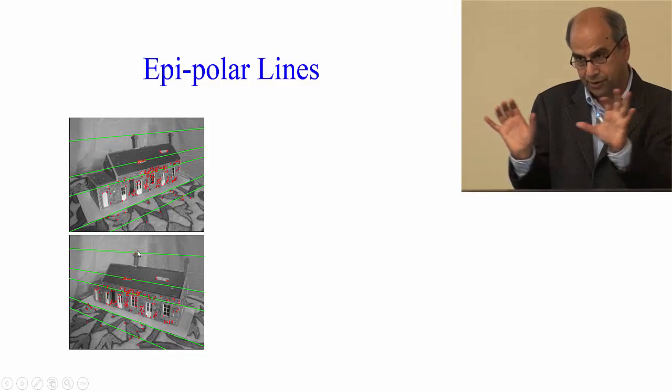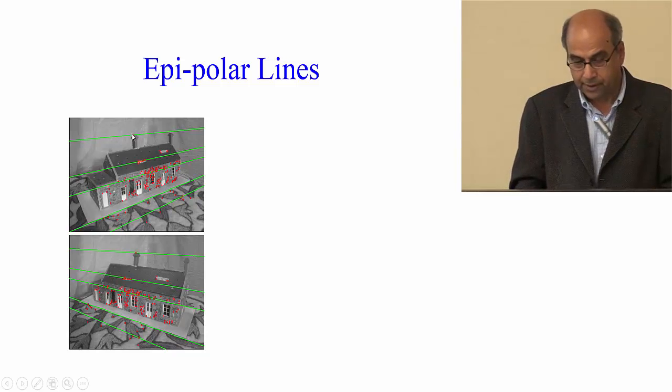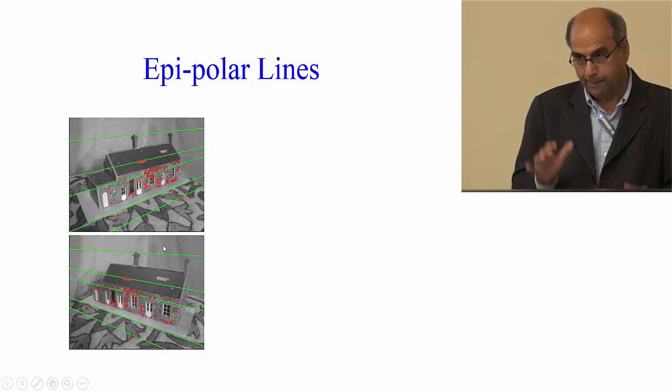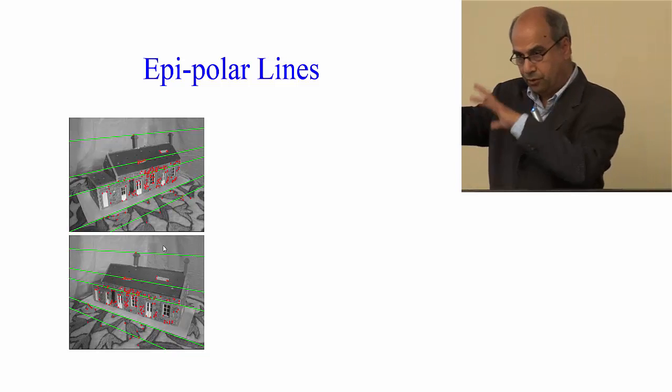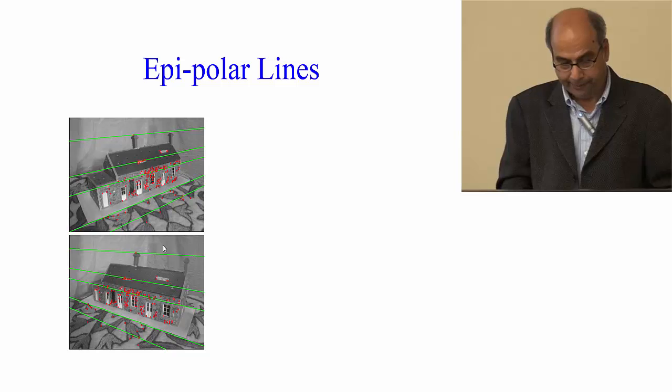That's what we are going to do using SIFT and so on. But once we compute the fundamental matrix, we know corresponding to this point what the epipolar line is, which is this one, and the match of this should lie on this line. Similarly, the match of this point should lie on this line. These are called epipolar lines, as we showed you in the beginning.